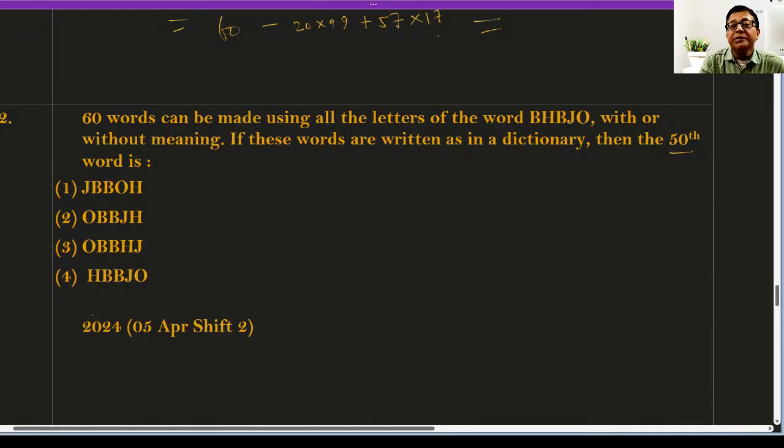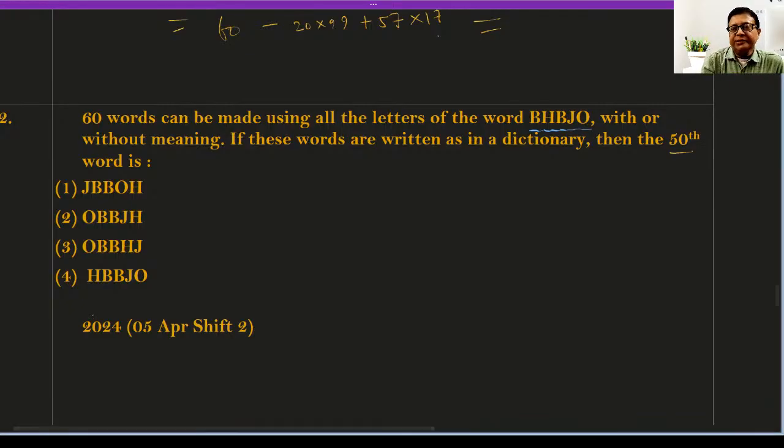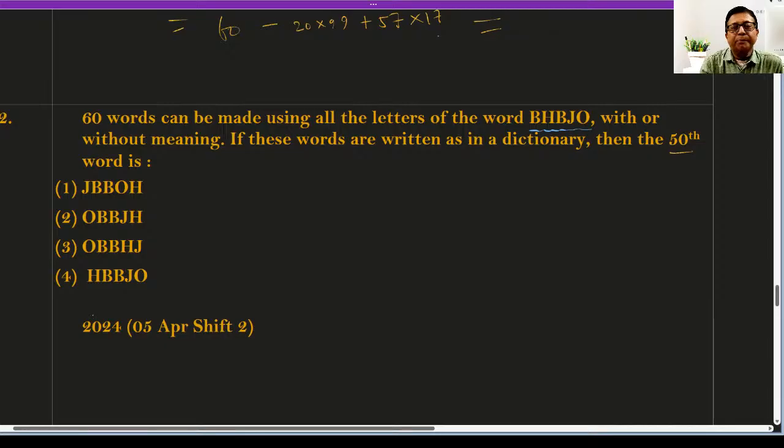So you are arranging these 5 letters. Alphabetically, B comes first. How many will be there? Factorial 4, that is 24. Isn't it? No repetition is there. After B, which one comes? H. With H, how many will be there?